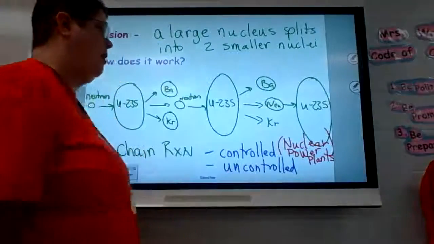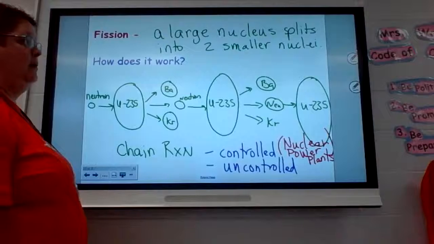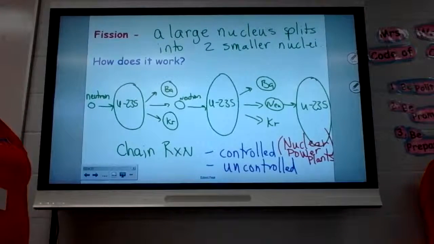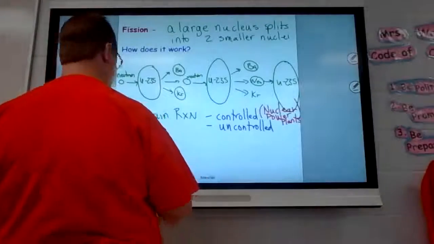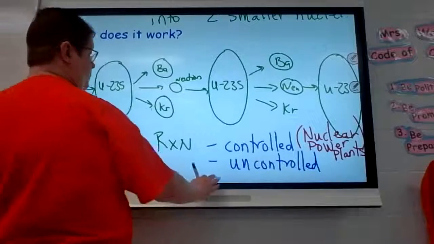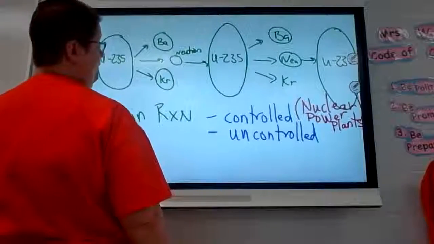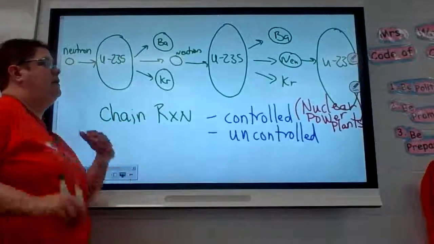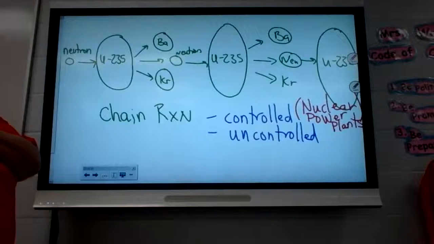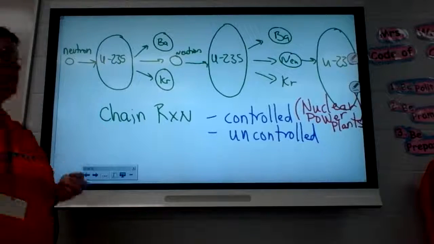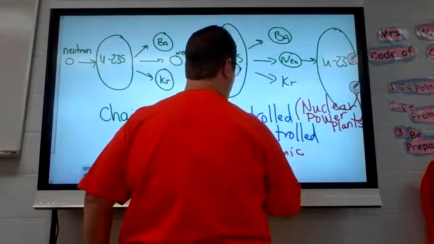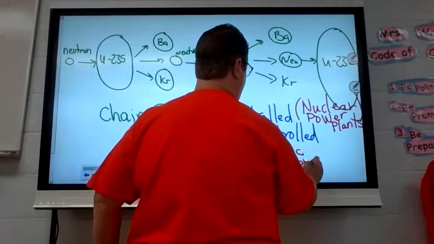Neutrons, NEU is what I put there. There, that makes it a little bigger. Now, where would we use uncontrolled fission reactions? We would use the uncontrolled in atomic weapons.